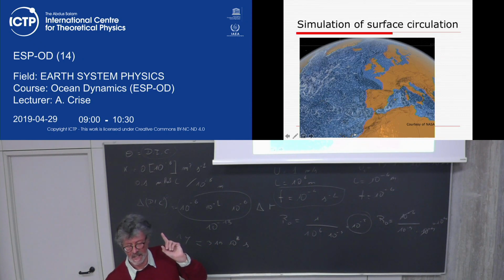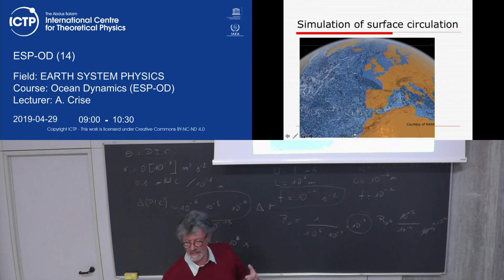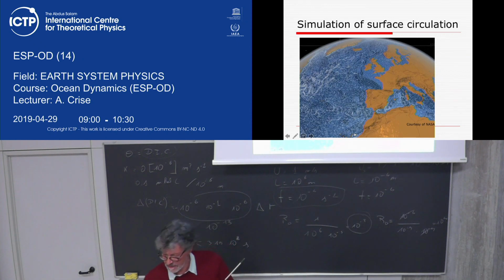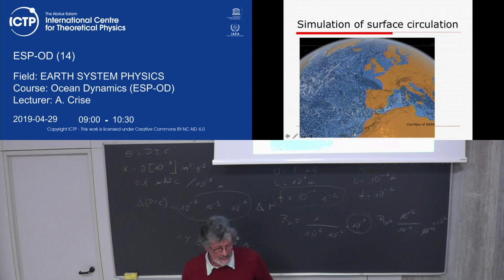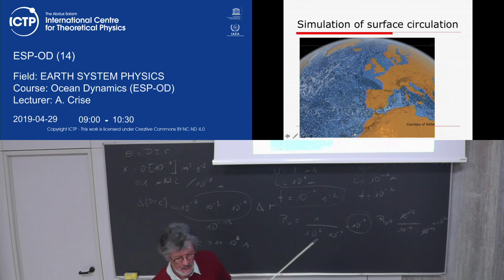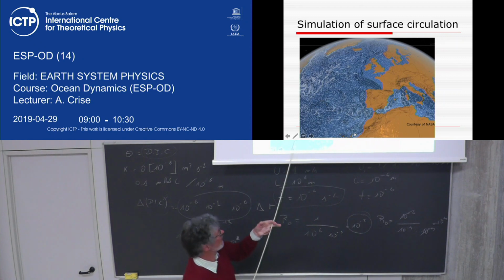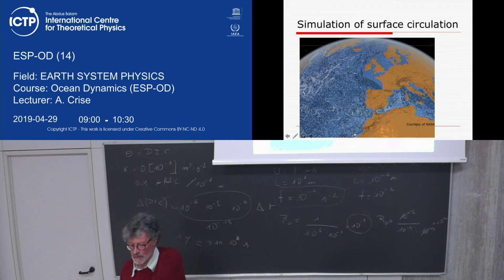So eddies are important from many points of view. I just anticipate they are able to transport, there's an eddy transport connected to the flux due to eddies that should be calculated in addition to the general circulation. We have already heard about the global conveyor belt, which has no eddies, it's just a flow encompassing the whole ocean.